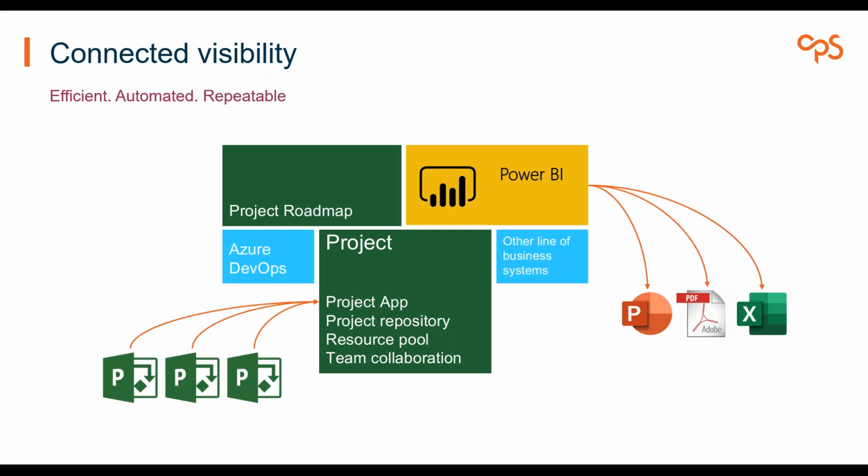We're not going to talk about it particularly in detail here today, but if you are using other line of business systems, if you're using things like Azure DevOps, then absolutely, using the Power Platform, using Power BI, there are ways that you can aggregate this data and then have a singular view. So at CPS, for example, we do this day in and day out.